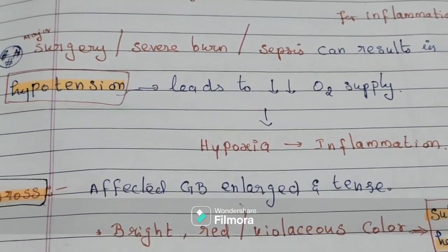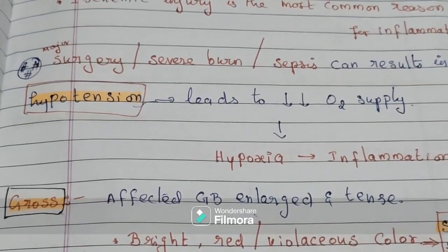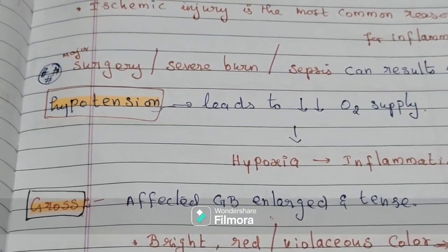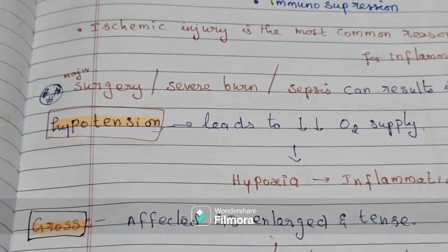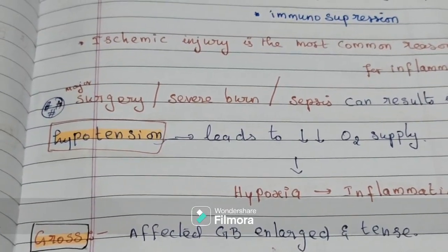So remember, in acute acalculous cholecystitis the major mechanism is ischemic injury.